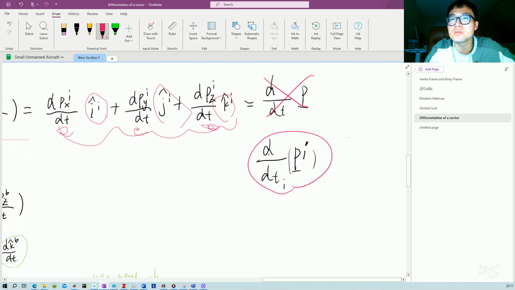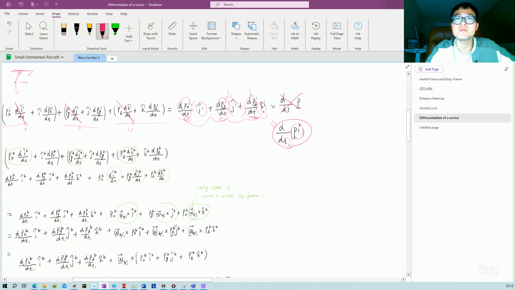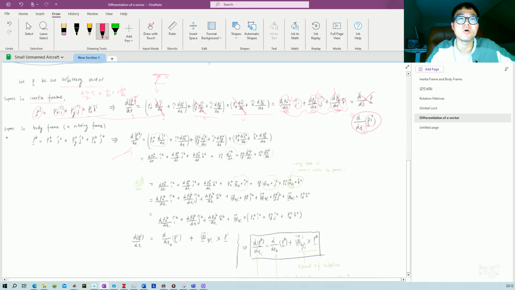This is more formally defined as taking the derivative of a vector in the inertia frame. The time derivative equals just taking the projection of that vector: the x component takes a time derivative, the y component takes a time derivative, the z component takes a time derivative. This is easy to understand, simple.